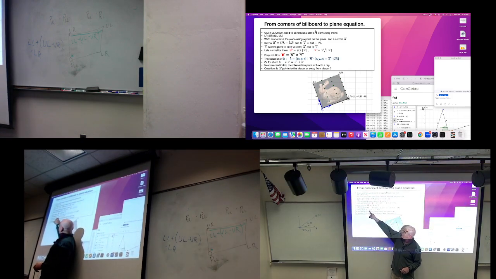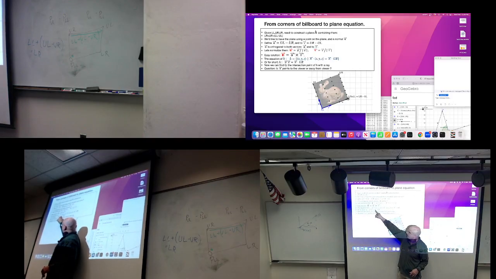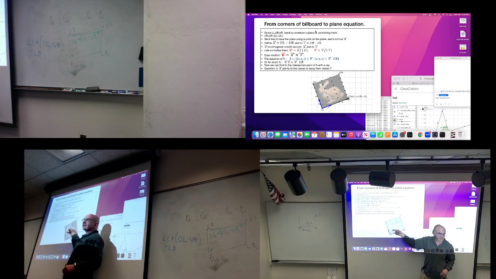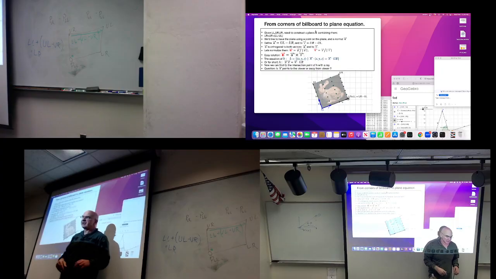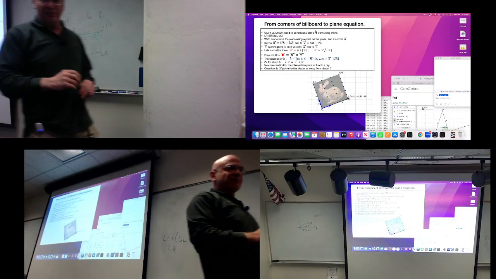I have the normal N; all the points X, that is x, y, z, in the plane satisfy X dot N equals N dot any of the 4 corners. They all give you the same value. This is the formula of the plane.